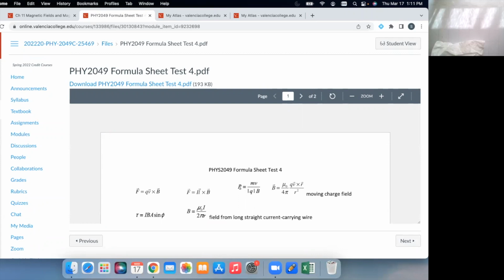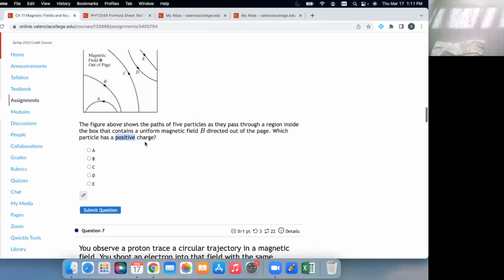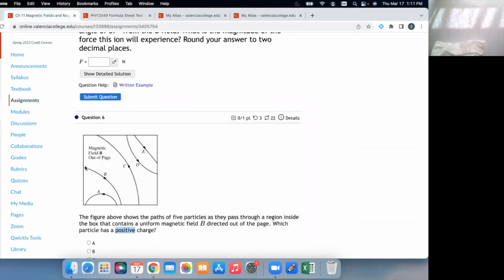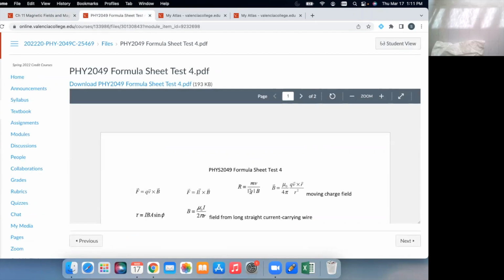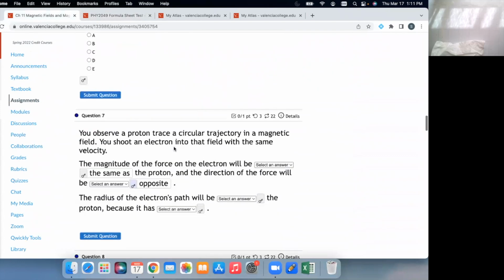So the cyclotron radius, these radii we were just looking at, is literally what's going on in this question here. These guys would go in circles. The radius of this circle depends on q. Both the proton and electron have the same q. They both were experiencing the same magnetic field, B, and I think they were both going the same initial velocity, right?